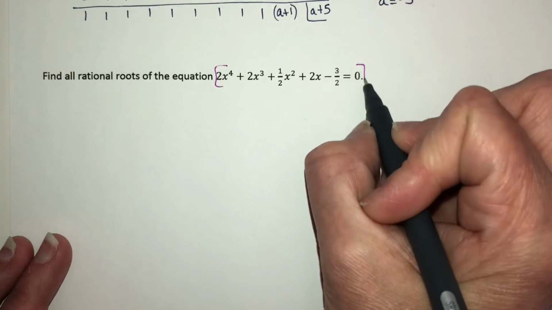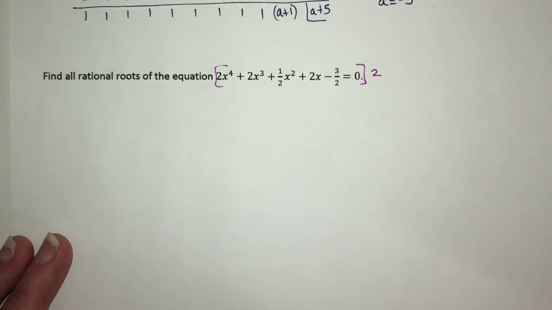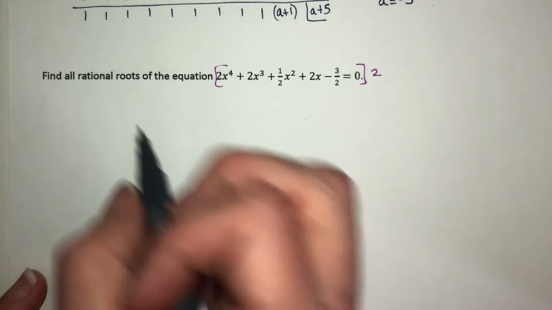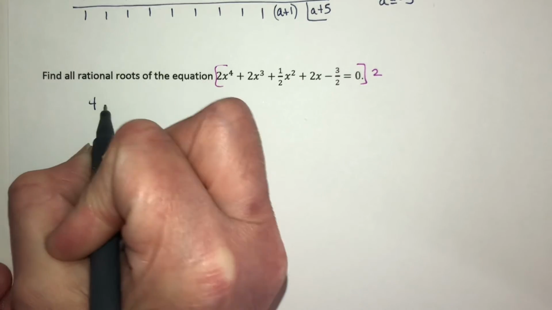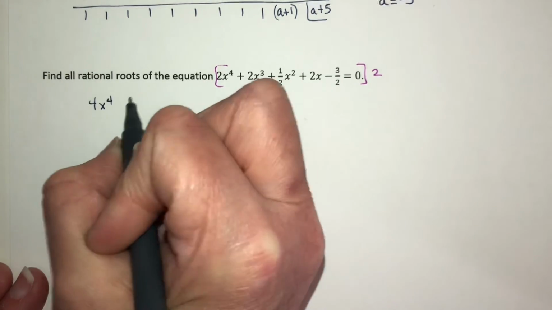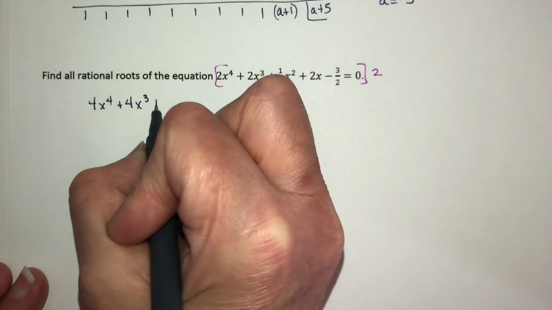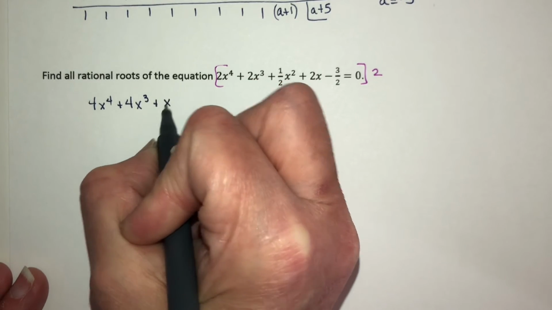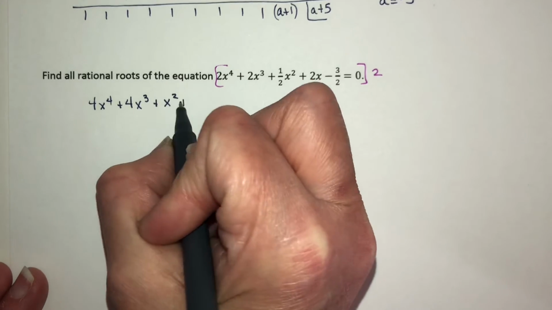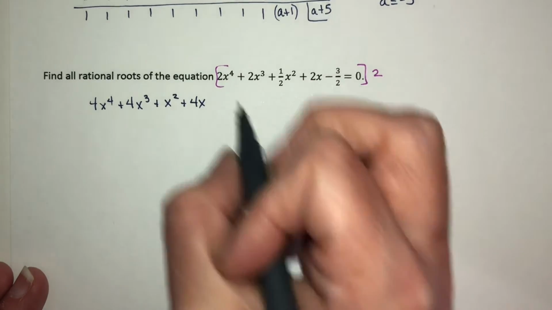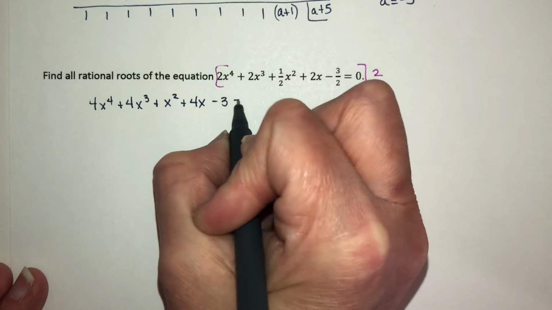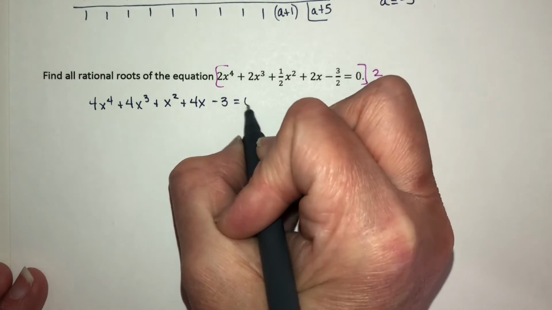So I'm going to multiply this entire equation, every single thing in there, by a 2. Okay, so I get 4x to the fourth plus 4x cubed plus x squared plus 4x minus 3 equals 0 times 2 is still 0.